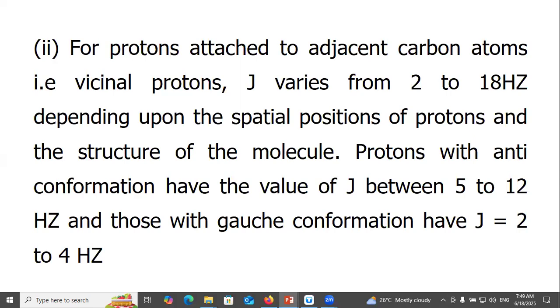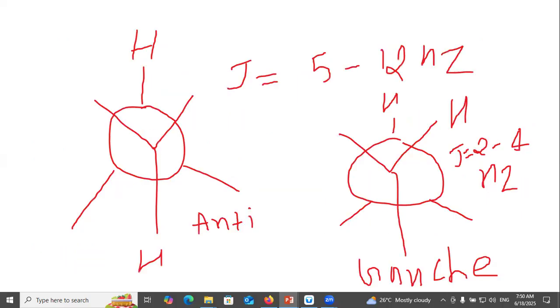For protons attached to adjacent carbon atoms, in vicinal, J varies from 2 to 18 hertz, depending upon the spatial position of protons and the structure of the molecules. The protons with anti conformation have J between 5 to 12 hertz, and those with the gauche conformation J equal to 2 to 4 hertz.